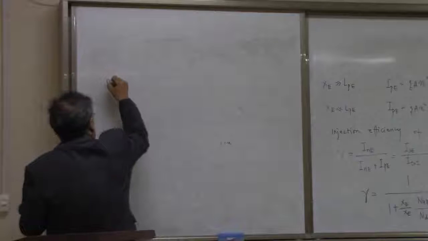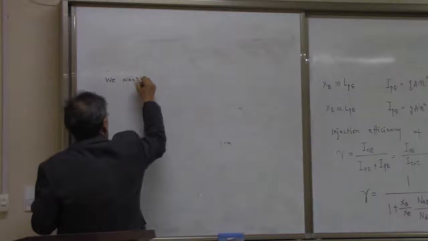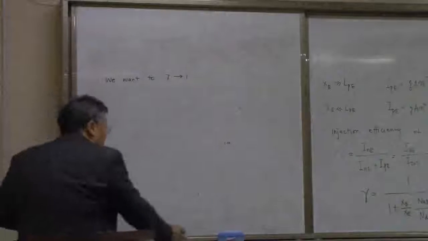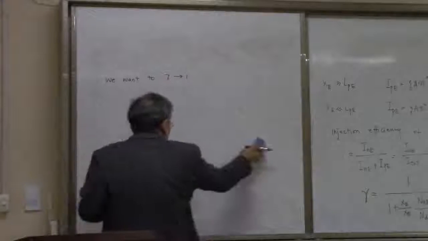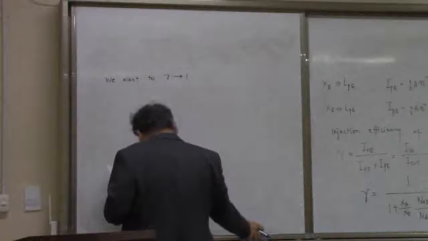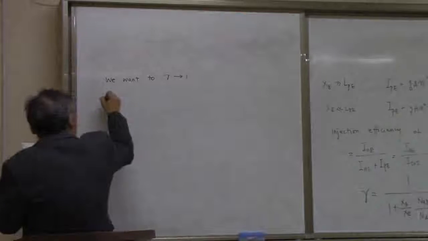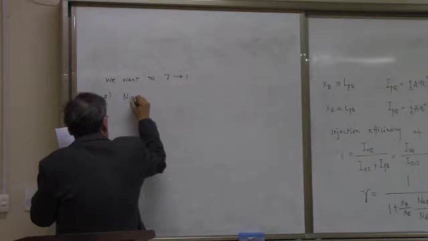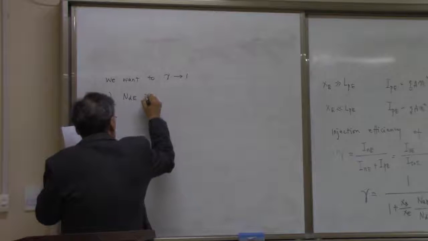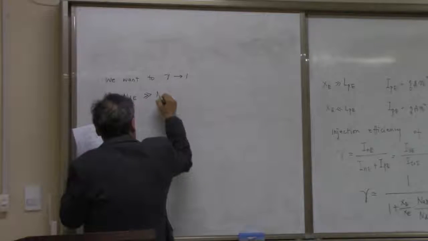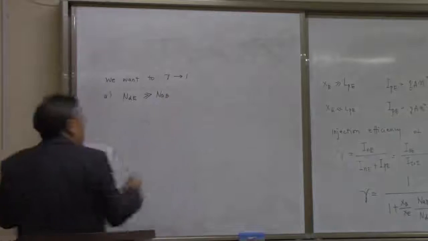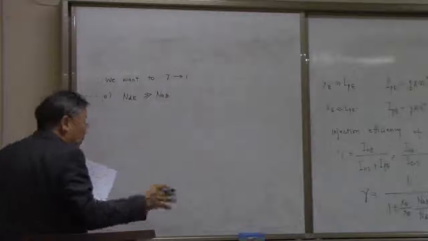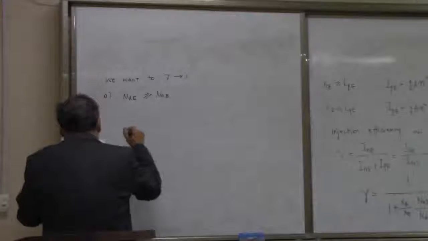We want to make gamma close to 1, and in order to do that, the emitter doping concentration should be much greater than the base doping concentration. In other words, we have to dope very lightly for the base.